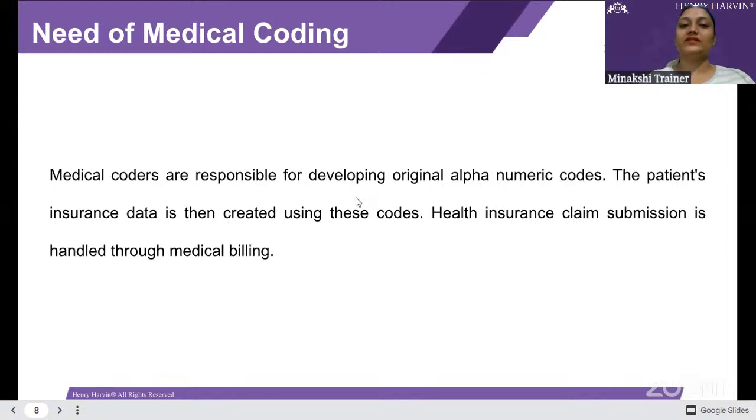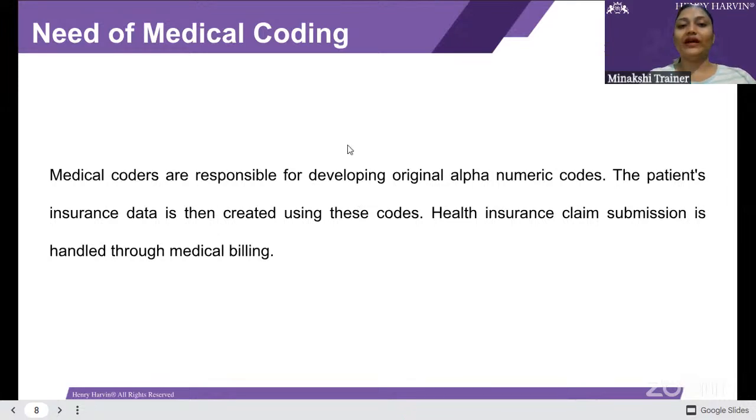I hope you understand why the reports are converted into codes and then submitted, and why they are not sent as they are: the insurance company would take a lot of time to understand the report. That's why each code will carry a dollar value. Against each code, there will be a payment.